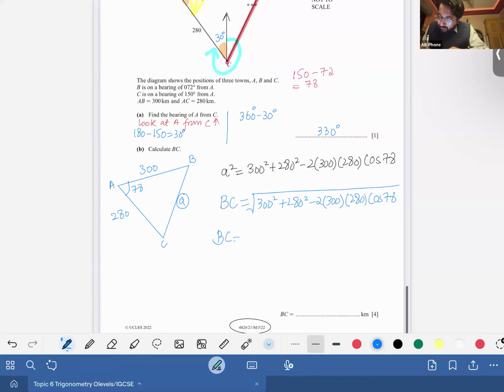Can you tell me the answer for BC? Square root of the right side: 365.3. So my final answer should be 365, to 3 significant figures. Understood everybody or not?